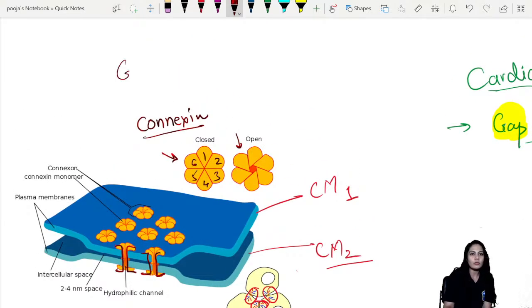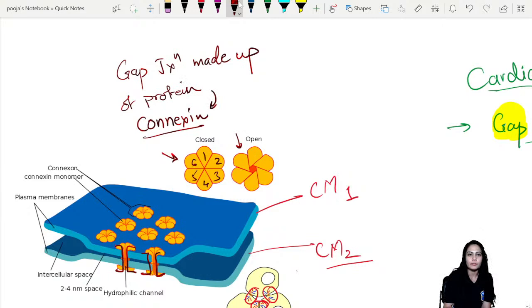So let's write that down. Gap junctions are made up of a protein, and that protein is connexin.